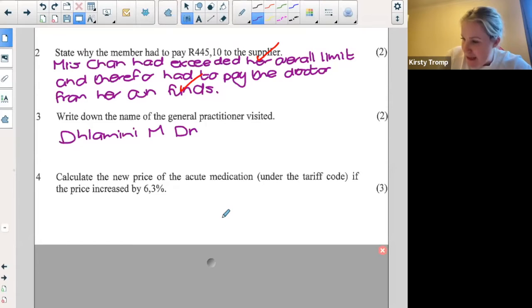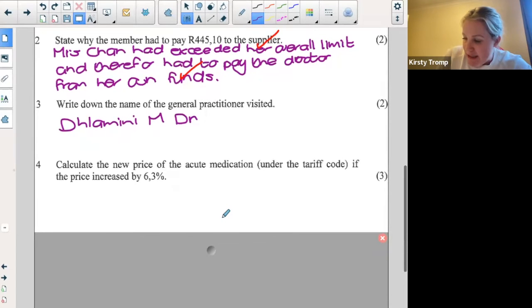They say, calculate the new price of the acute medication under the tariff code if the price increased by 6.3%.